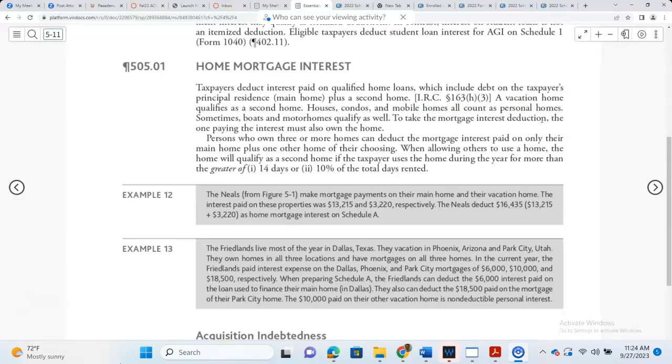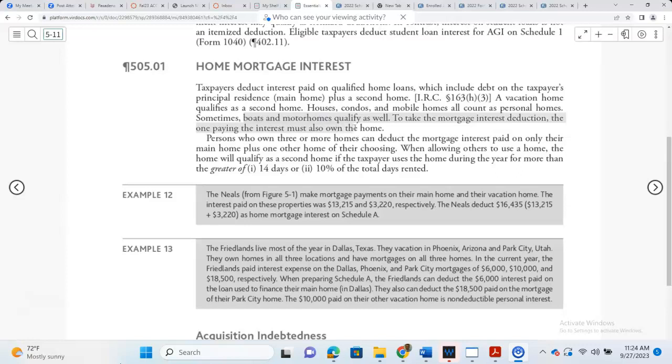To take the mortgage interest deduction, the one paying the interest must also own the home. Motor homes are included because they have a kitchen. And if it's a boat and the boat is big enough to have a kitchen, then it will be considered a qualifying second home. Make sense?